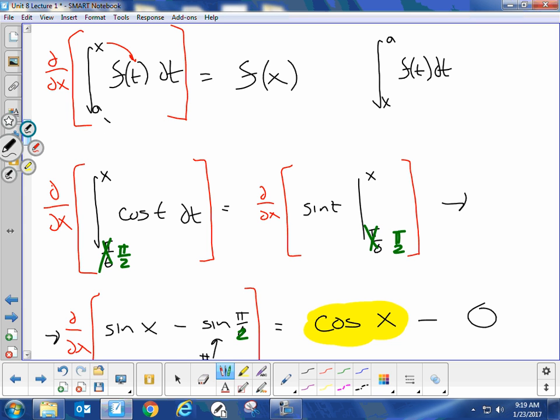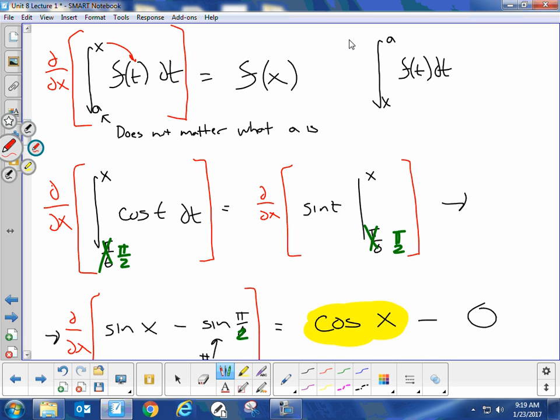It's very important that you see that this is an a. A can be any number, and it's still going to disappear on you. Doesn't matter what a is. It could be any number. The derivative is still just going to be the original function with x's.